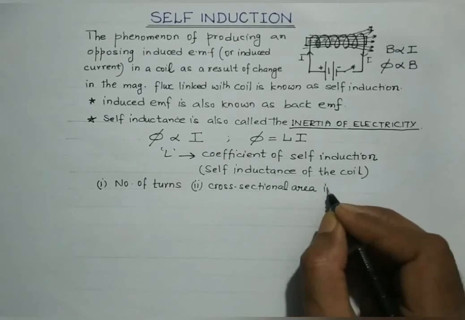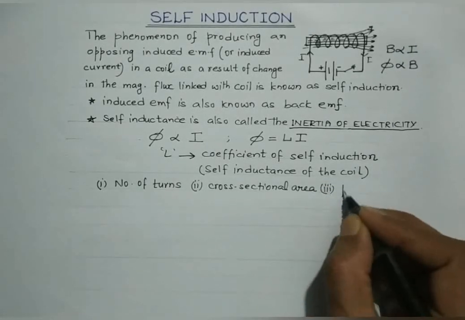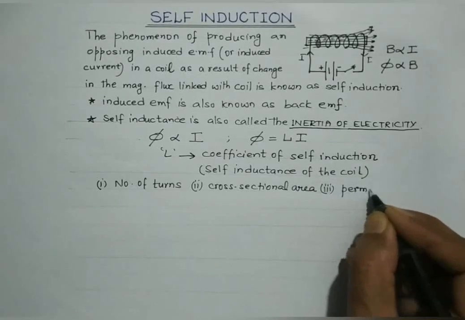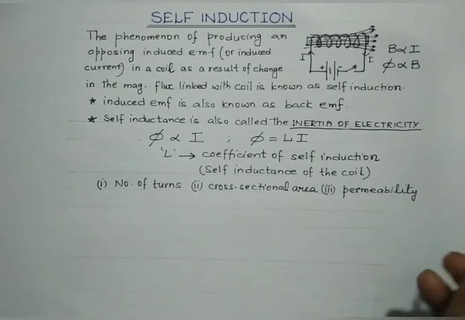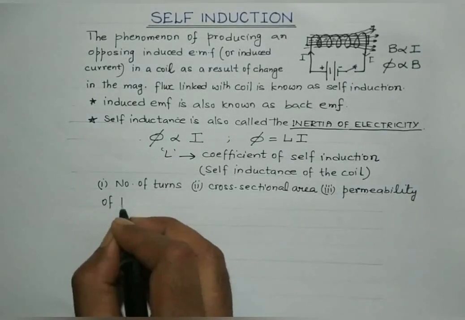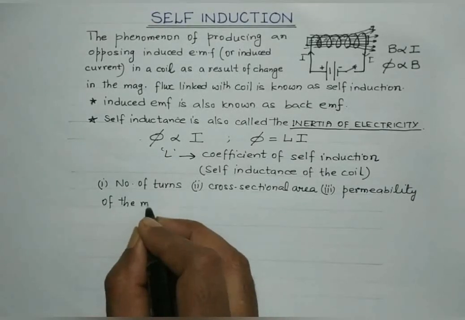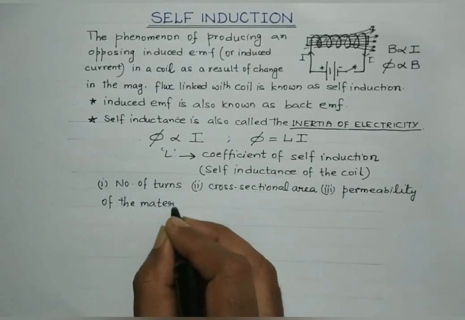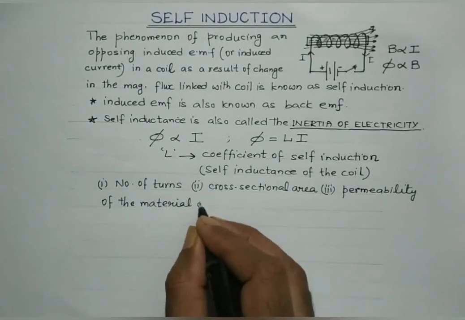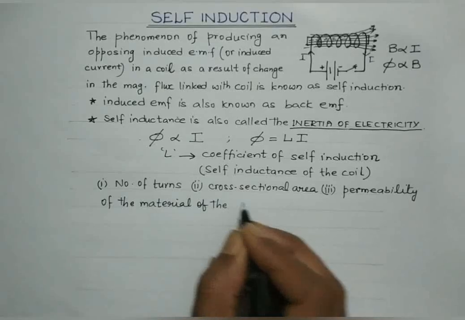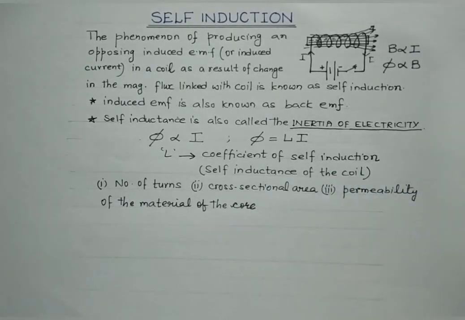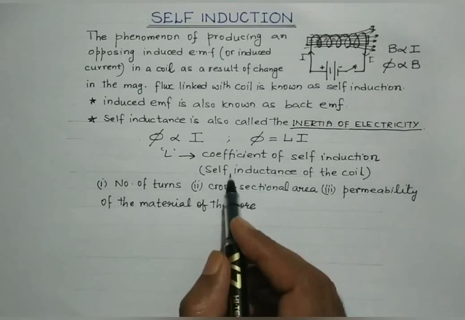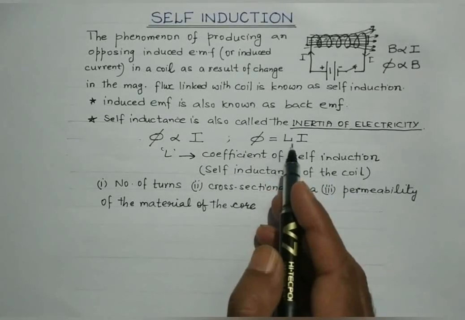And it obviously depends upon the permeability of the material of the core, if any, right? So these are the 3 factors on which the self-inductance of the coil, that is capital L, depends.